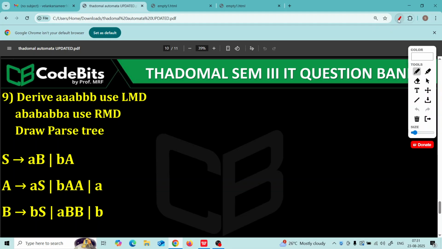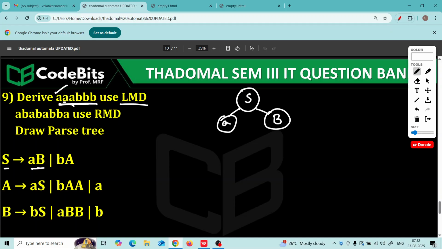See, so simple. I want to derive aaa using LMD, but I am drawing the parse tree. Derivation starts with S, the start symbol. I want a first, so I'll say S derives aB. First a is derived.